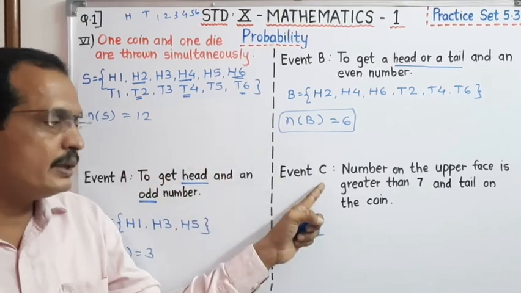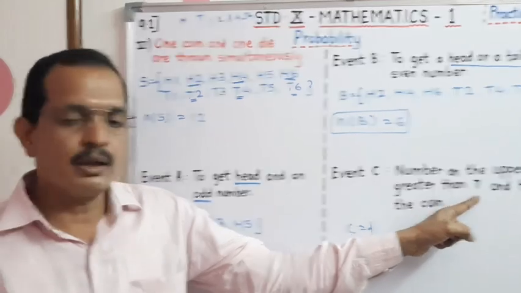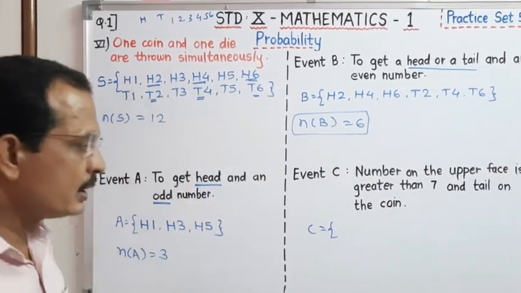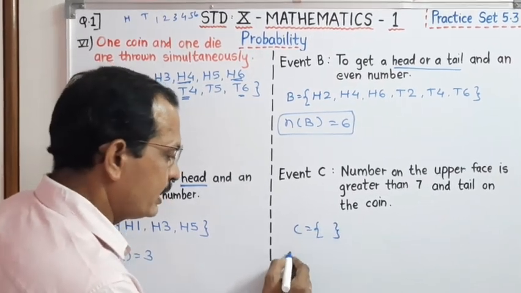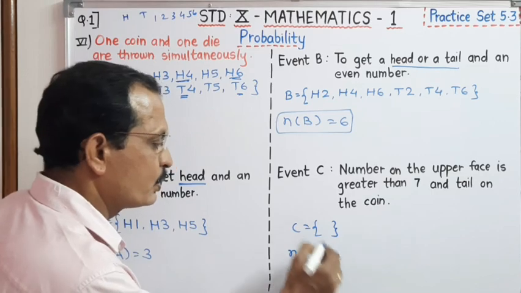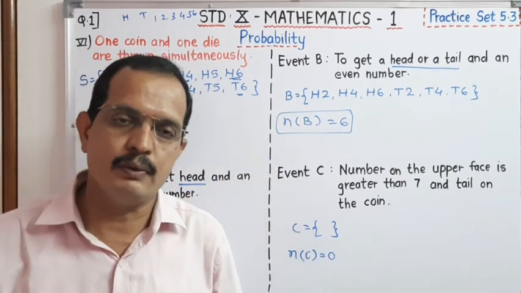Therefore this event is impossible because a number greater than 7 is not present in the sample space. Therefore in this event there is no element, and number of C is equal to 0. Such type of event is called an impossible event.